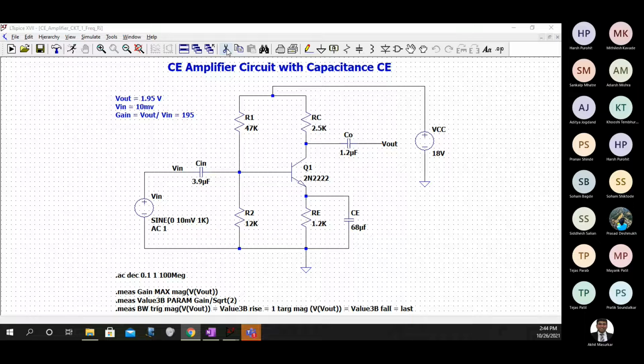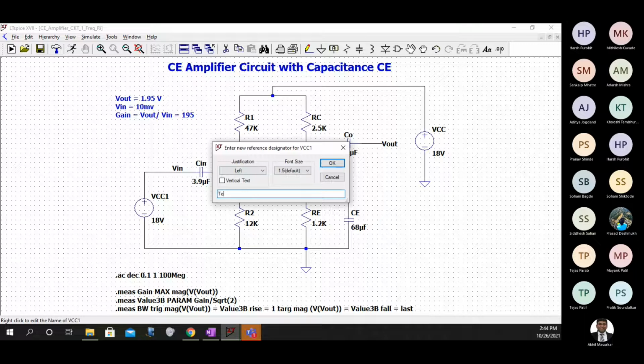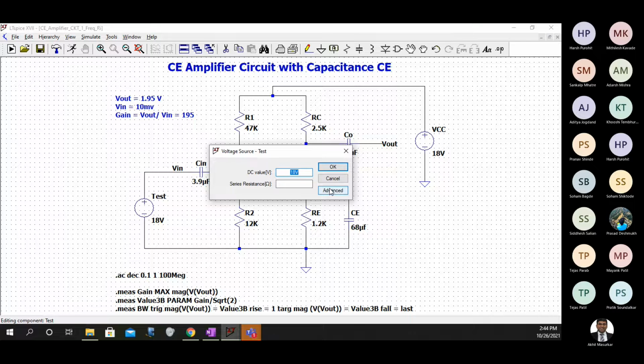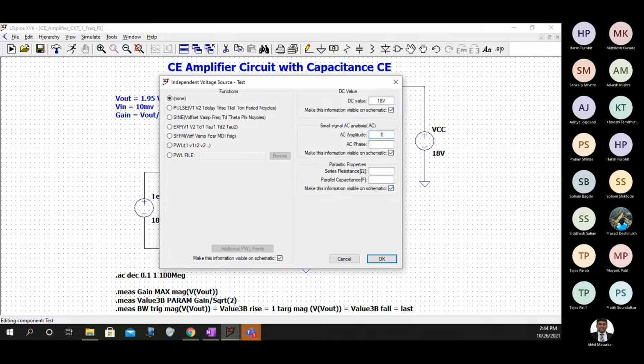So I'll cut this, and instead of this I'll connect a test source. I'll connect the test source here, I'll name it as test, and it will not have any value. So I'll just say amplitude is 1.